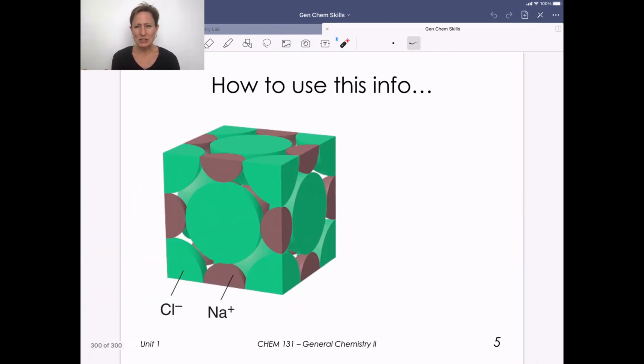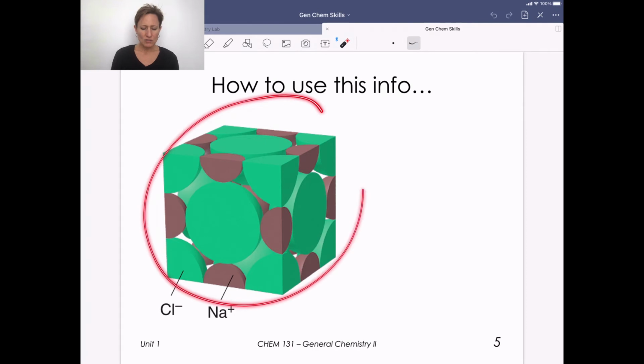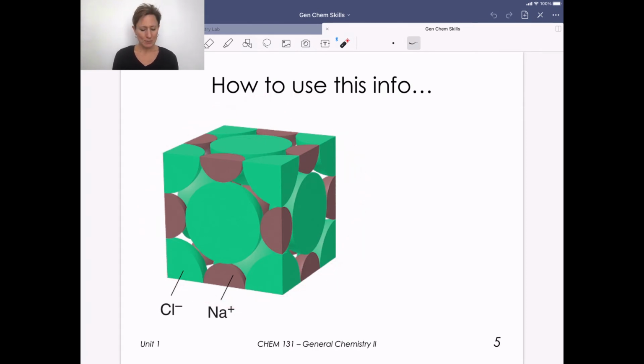All right, so how do we use this information? I'm not going to go into a lot of detail here. We're going to practice these problems in class and then again in lab, but you'll see a picture that shows a unit cell. For example, this is a unit cell of sodium chloride. You might see a question that asks how many sodium cations are contained within one unit cell. If I'm looking at this, I've got some edge pieces here, and each one of these is 1/4.